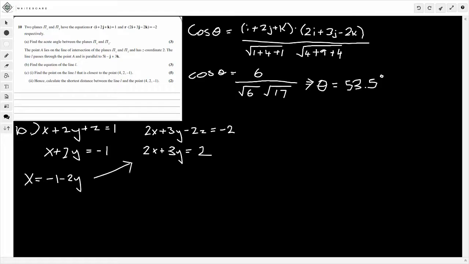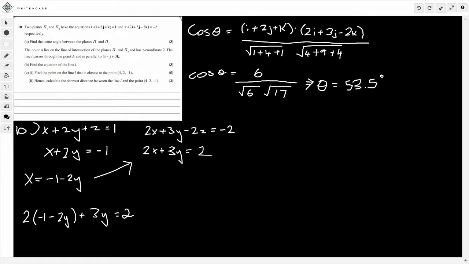So 2 lots of minus 1 minus 2y plus 3y, and this has to be equal to, sorry, positive 2 like that.